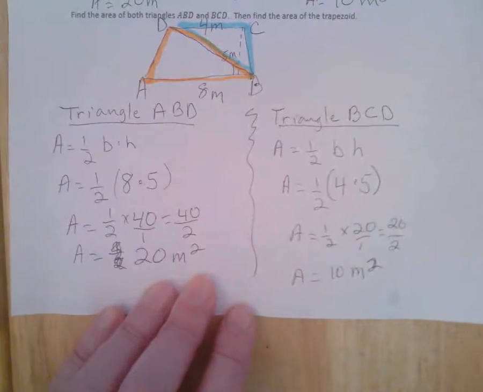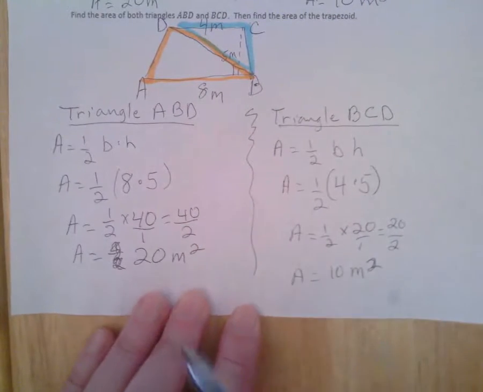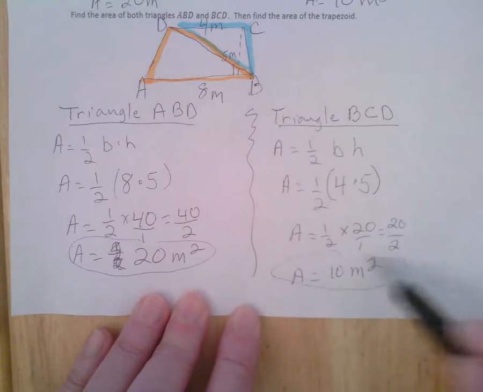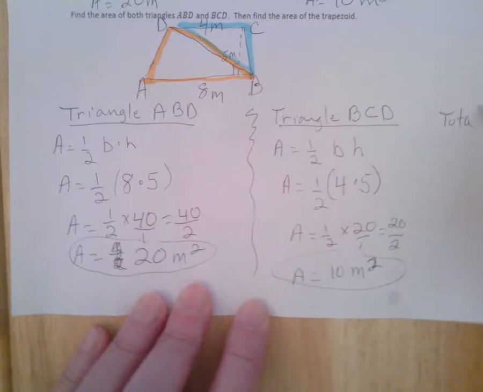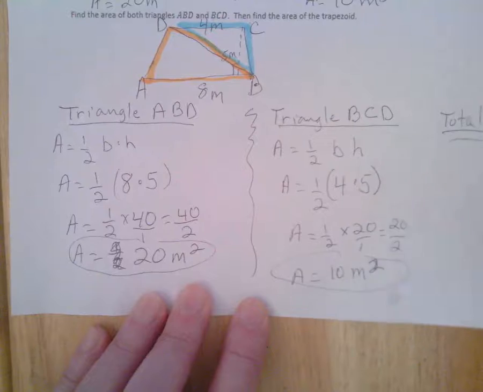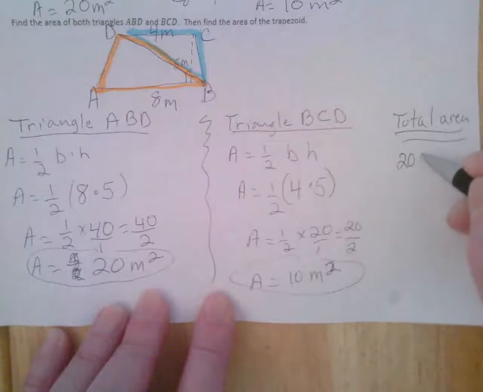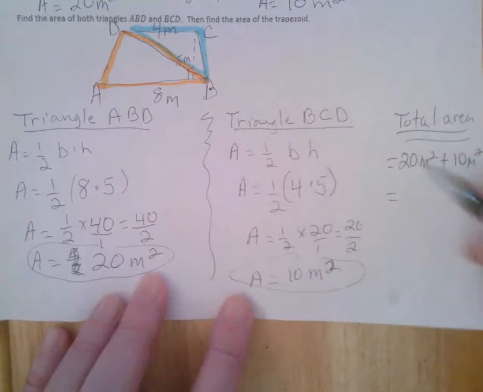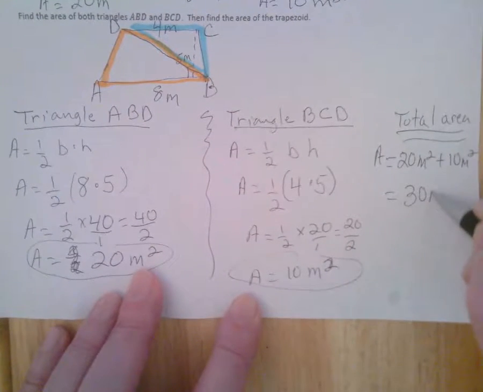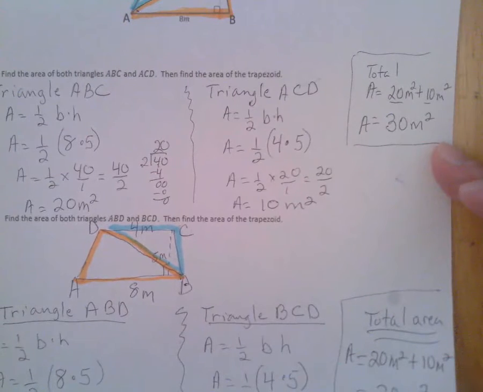10 meters squared. So now what we need to do to find the total area is add the 2 triangles together. When I add those 2 together, I have my total area is 20 meters plus 10 meters, which is equal to 30 meters squared, which is the same thing we got when we did the triangles using the diagonal AC.